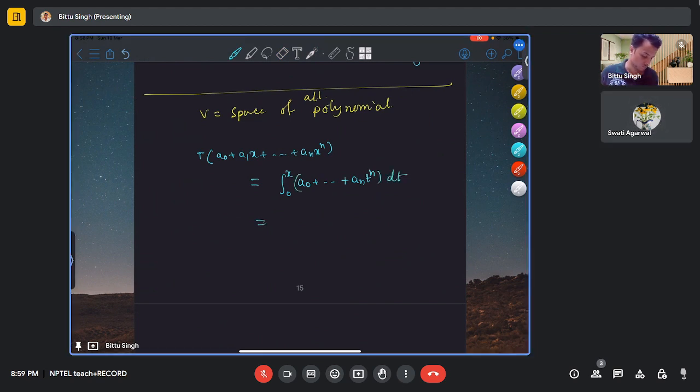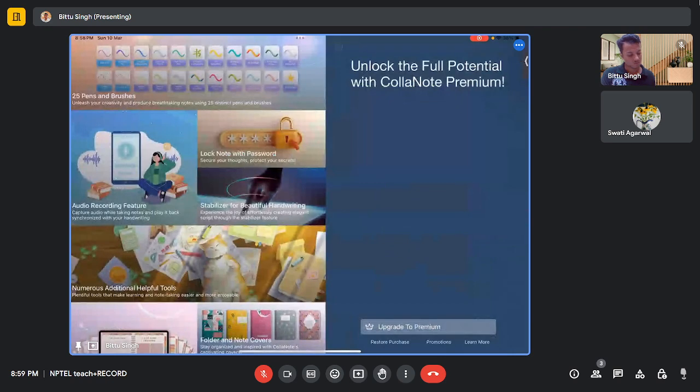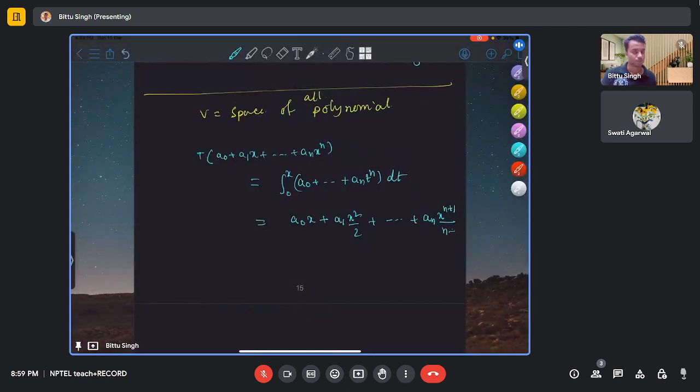If you do this, this will give a0x plus a1x squared by 2 up to an x to the power n plus 1 by n plus 1.